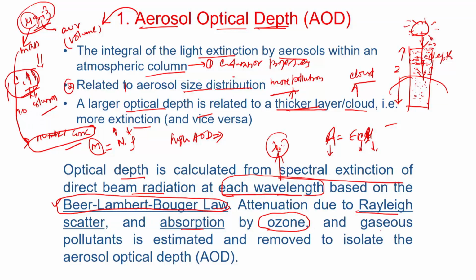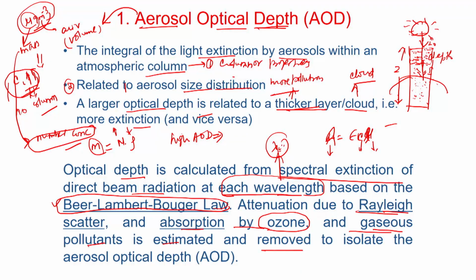Absorption by ozone molecules and other gaseous pollutants is estimated and removed. So when you calculate AOD, the attenuation due to Rayleigh scattering, and the absorption by ozone molecules and other gaseous pollutants, are estimated and removed to isolate aerosol optical depth.